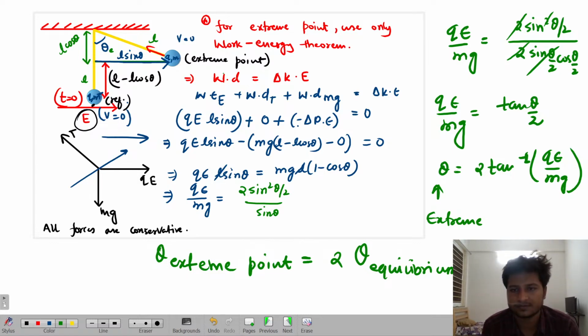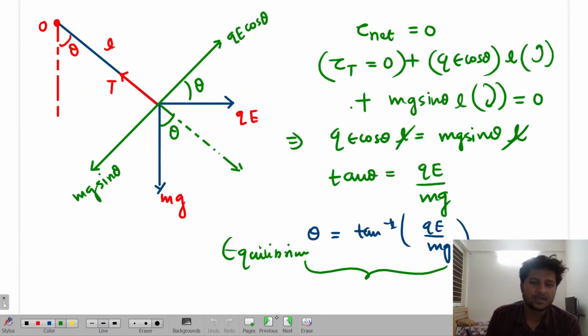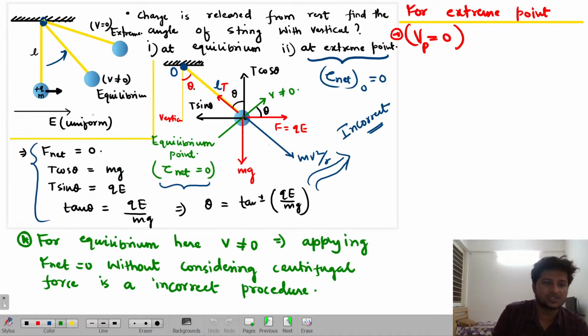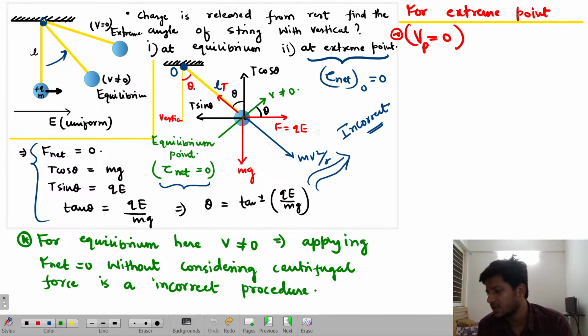Is this clear or not? So that's why I did this question. Whenever you find that you need to find the angle subtended with respect to extreme point, what you need to follow? You need to follow work energy theorem. And when you are required to find, in this case specifically, when an external force is present, which is E, which is trying to push the electric charge towards right hand side, you always should follow the torque to be equal to 0, such that to find my angle subtended for the equilibrium point.